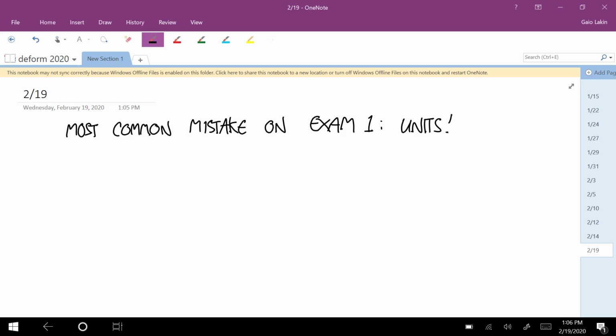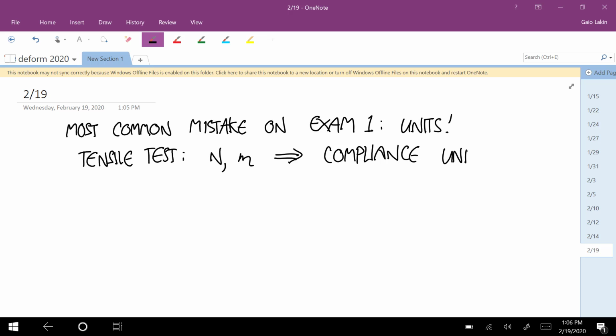So when you did the tensile test, you had units of newtons and meters. And so that gives you compliance units of 1 over pascals.